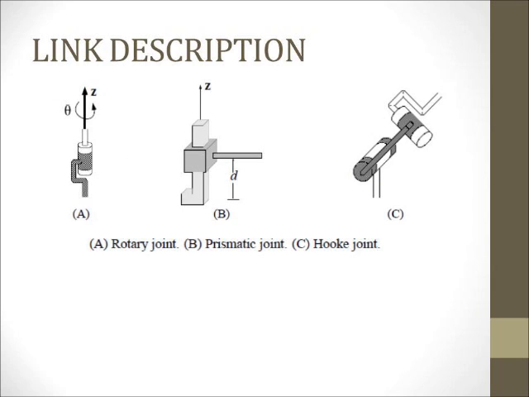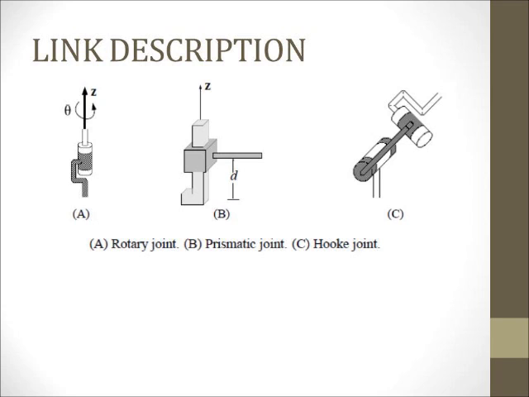Here you see the graphical pictures of a rotary joint, a prismatic joint, and a hook joint. For a rotary joint, the joint angle about the joint rotation axis Z describes the joint displacement.